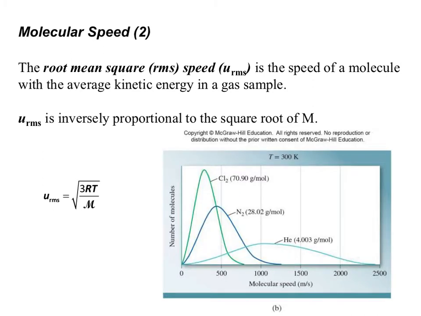Interestingly enough, the root mean square speed is also inversely proportional to the square root of the molar mass. So as the molecule gets bigger, the speed decreases. In this graph here, we can see that as the molecules become heavier per unit mole, the number of molecules with fast speeds decreases.